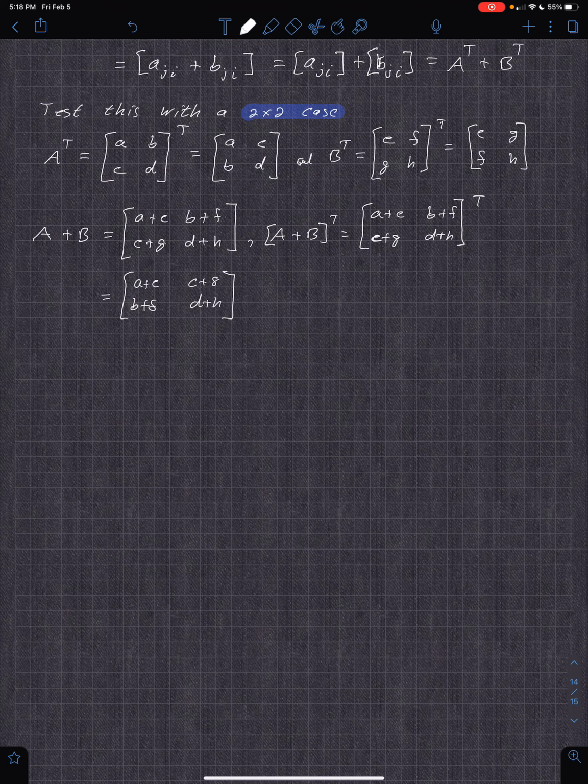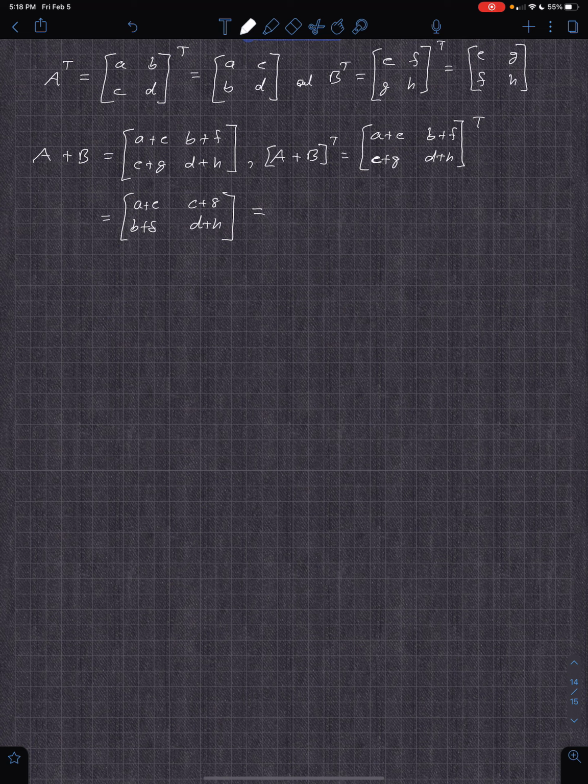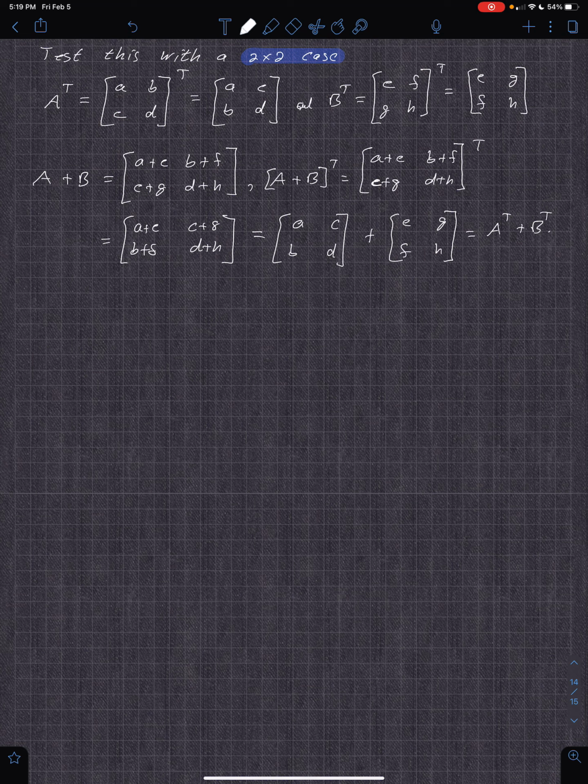All right, so now keep rewriting that. That is A, C, B, D plus E, G, F, H, which is what? Which is A transpose plus B transpose. So I'm just expanding it out with a 2 by 2 to see what happens. And it's like, oh yeah, it works, yay. Okay, cool.